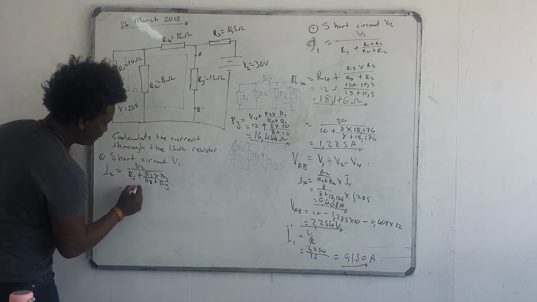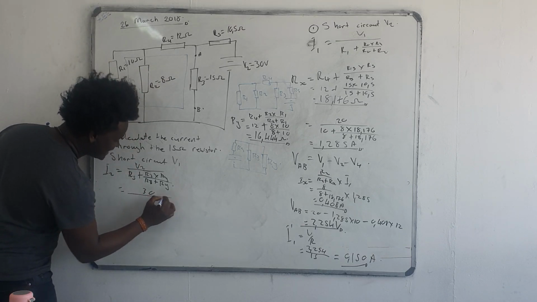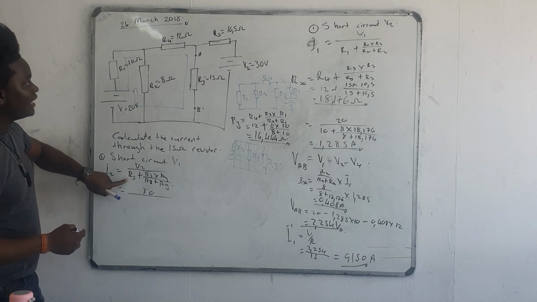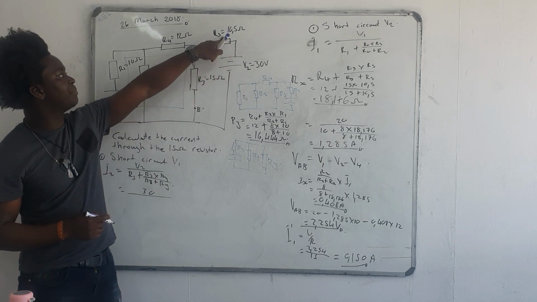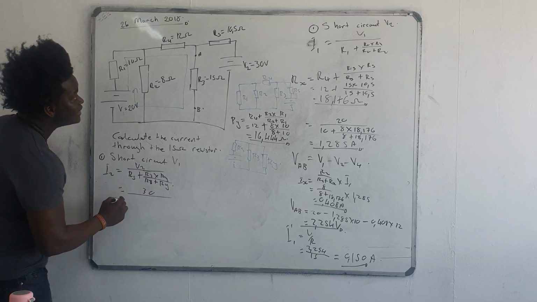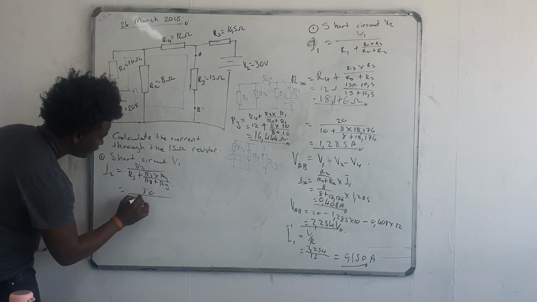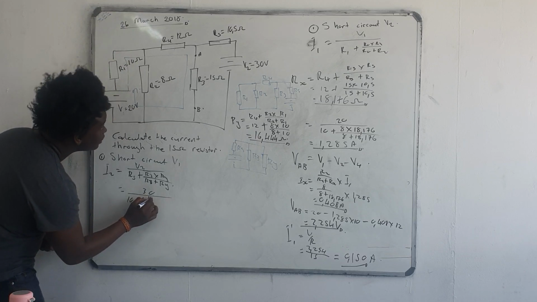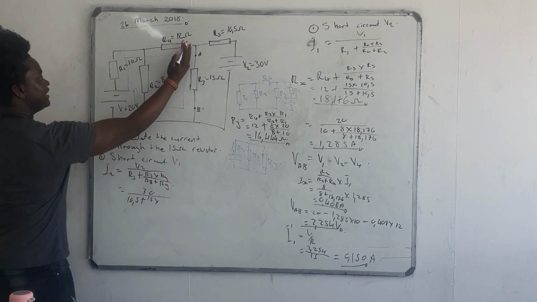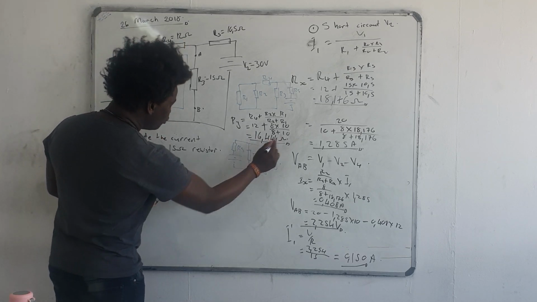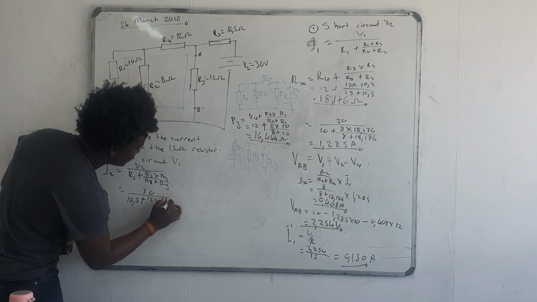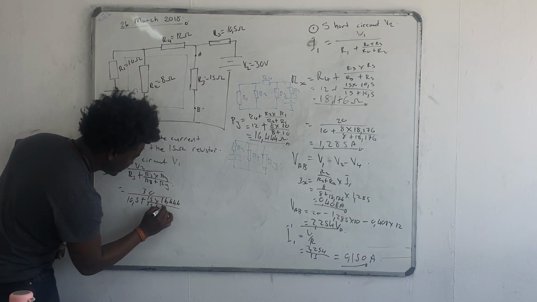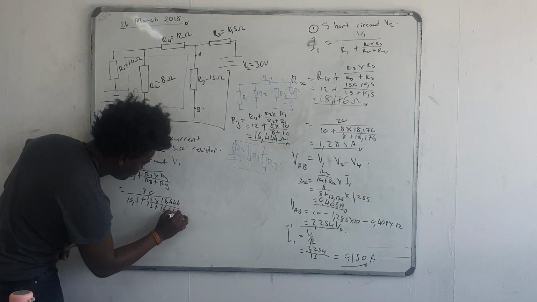So let's start. I2 is given by 30 volts divided by the resistor that is in series with the power source, which is R5, given at 10,5, plus 15 multiplied by the rest of the circuit, which is RY, which we calculated and got 16.444, divided by 15 plus 16.444.